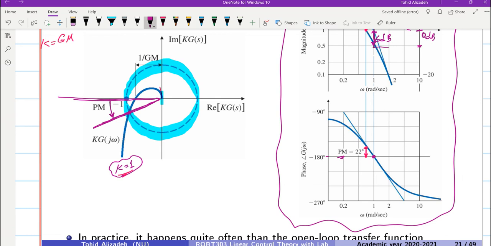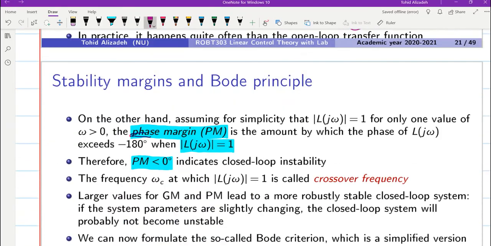So it will be equal to 180 degrees plus the phase of L of j omega, at a frequency in which the amplitude is equal to 1.